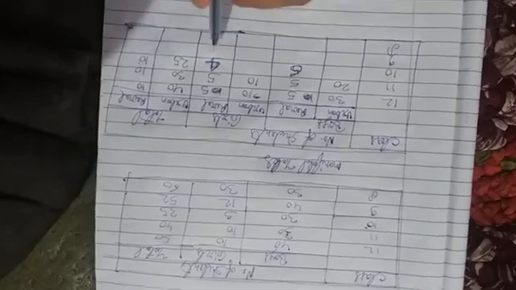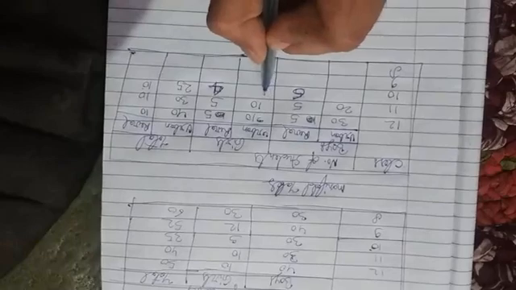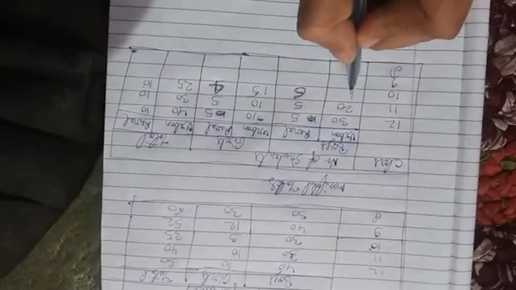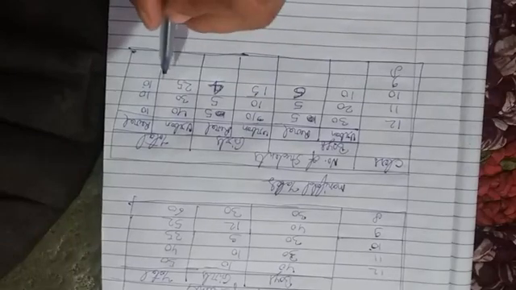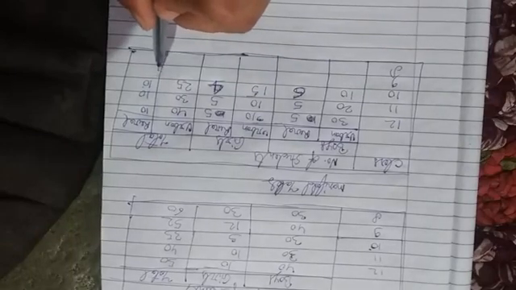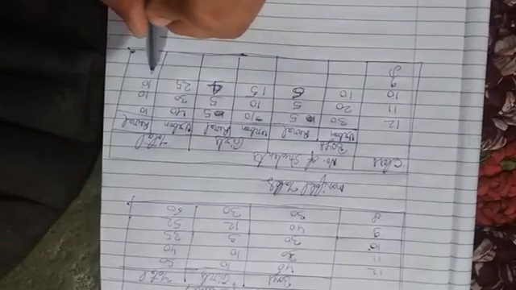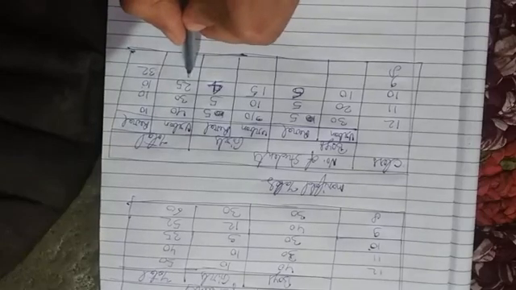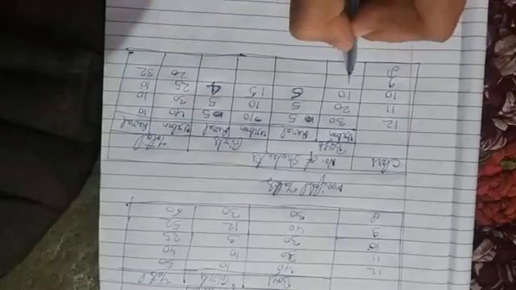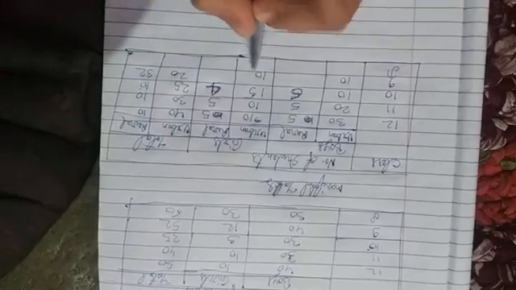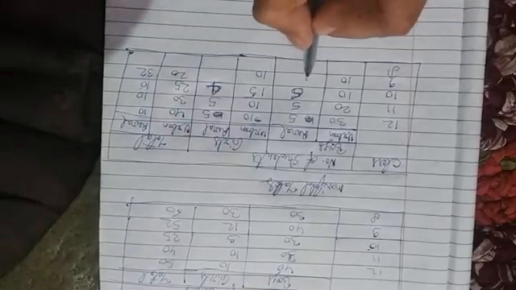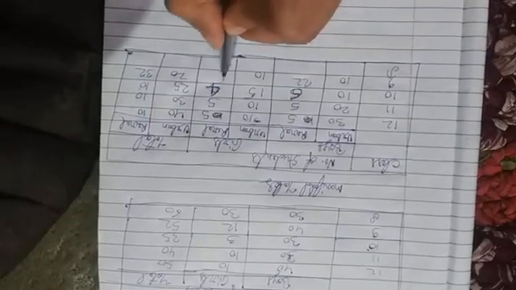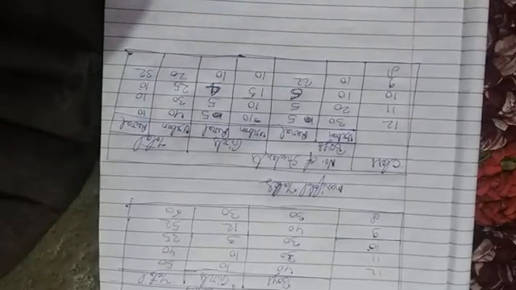Then 20 out of 25 we have 15 girls and 10 boys from urban area. Then in class 9th we have 52 students, so maybe 32 from rural area and 20 from urban area. So 10 boys and 10 girls from urban area and 22 boys and 10 girls from rural area.